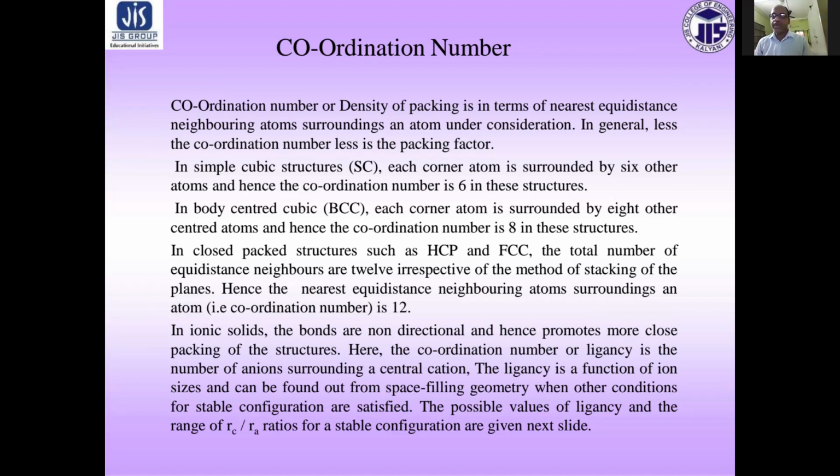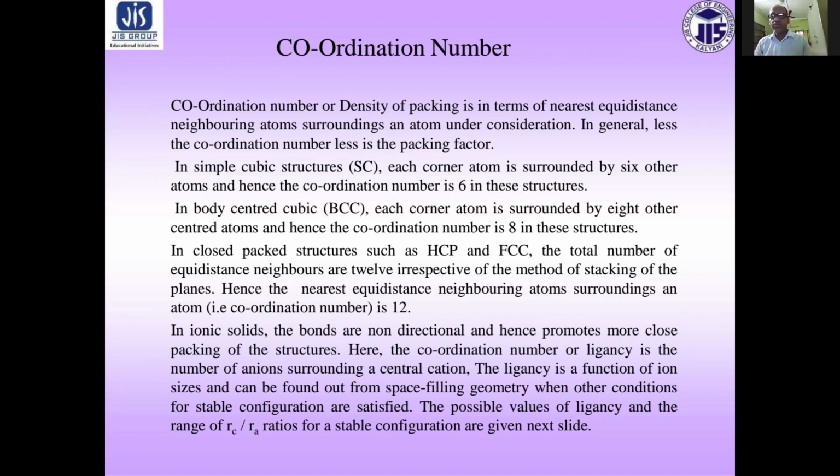In close-packed structures such as HCP and FCC, the total number of equidistant neighbors is 12, irrespective of the method of stacking of the planes. Hence, the coordination number is 12.